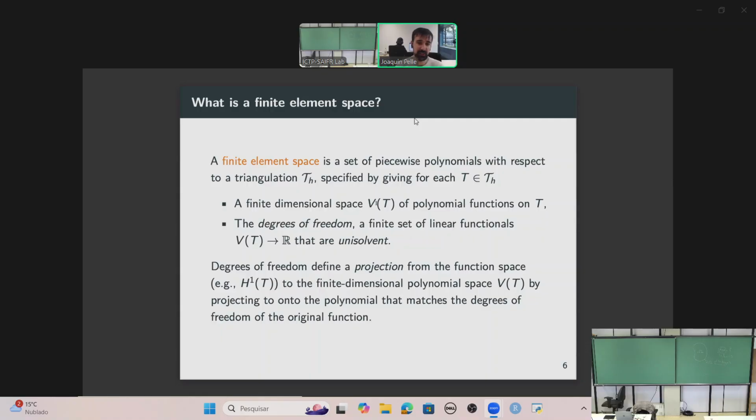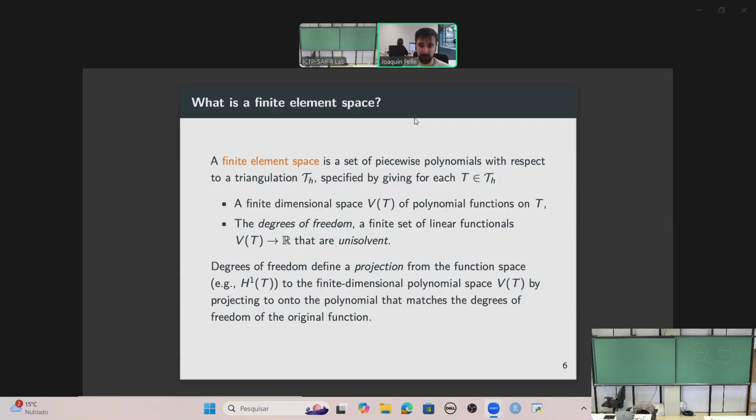So yeah, essentially, these degrees of freedom completely determine the way that we can project from the general function space to this finite element space. Why? Because these degrees of freedom determine a basis for the dual space here.